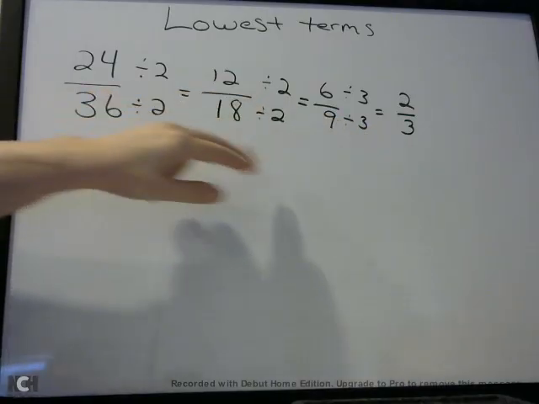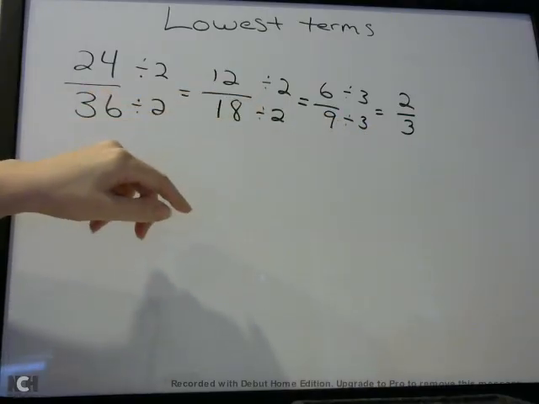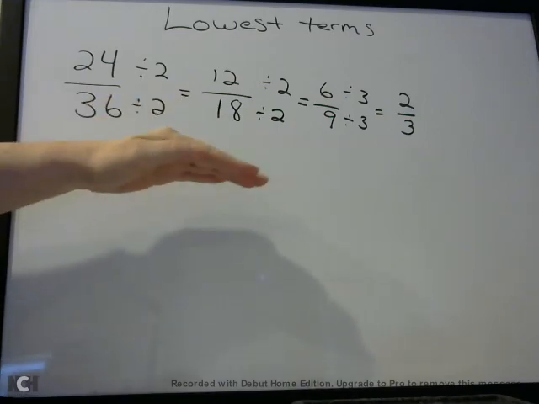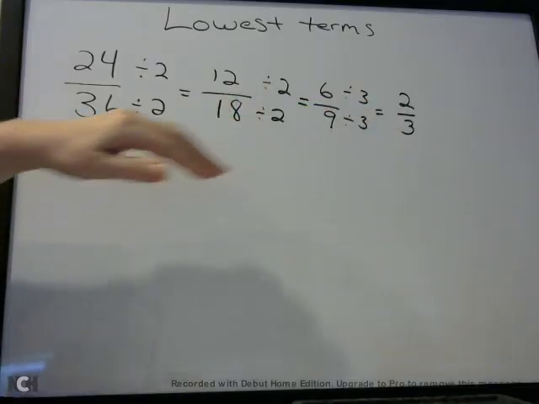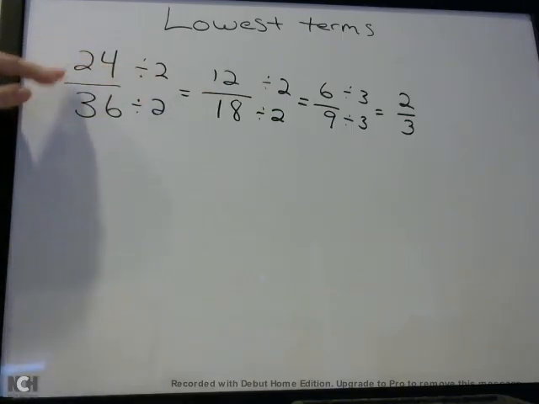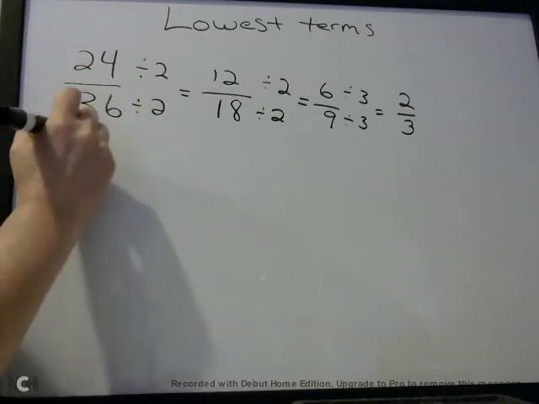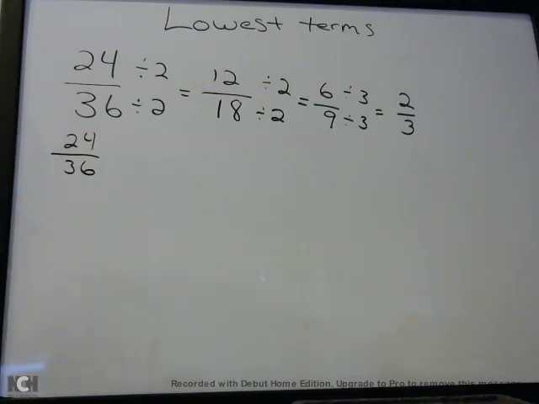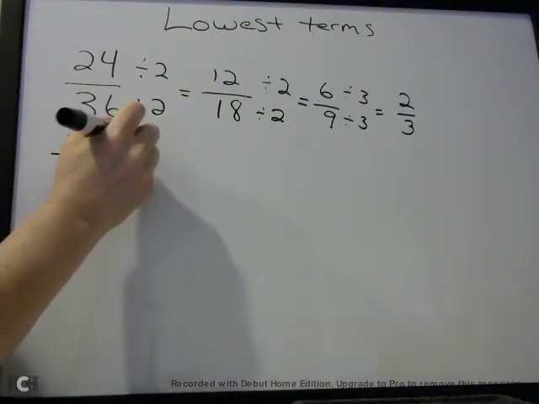So if you drew a pie, divided it into 36 pieces and colored in 24 of them, and then erased the lines so it was in 3 pieces, you'd have 2 of those covered. But there are lots of numbers you can choose to divide by initially. There are lots of ways to do this, is the point I want to make to you. Let's say instead of 2, you recognize, hey, I can divide both 24 and 36 by 4.